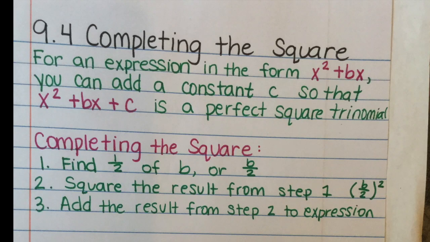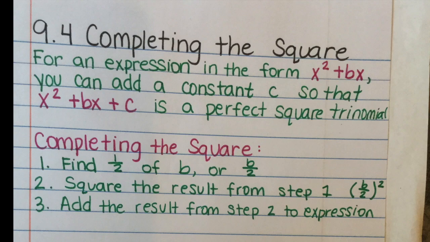Like I said, in section 9.4, we're going to talk about a new strategy called completing the square. This is used when we have an expression in the form of x squared plus bx. We'll add a specific constant, a specific number, c, so that x squared plus bx plus c is a perfect square trinomial.